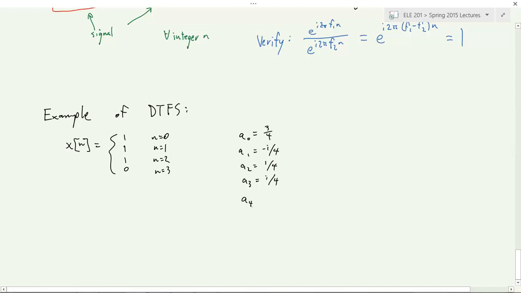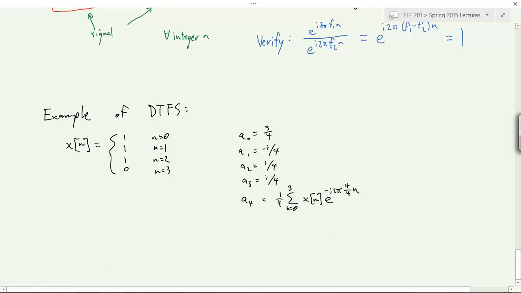But if you kept going and calculated A4, the formula would be A4 equals 1/4 sum n equals 0 to 3 of x of n e to the negative i 2 pi 4 over 4 n.